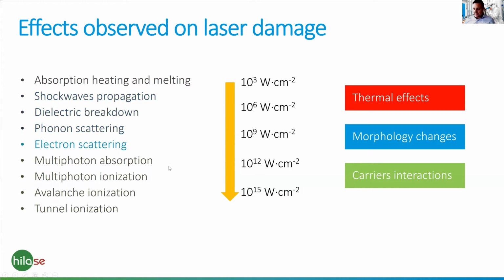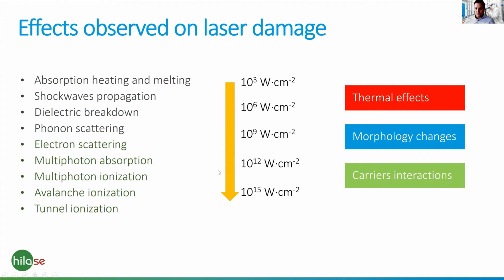And as we increase energy or intensity even further, we are getting to the fundamental interaction issues, and it's getting more and more complex. At high intensity, we are again dealing with electron scattering, but not just this.